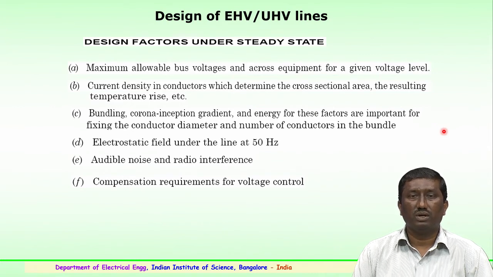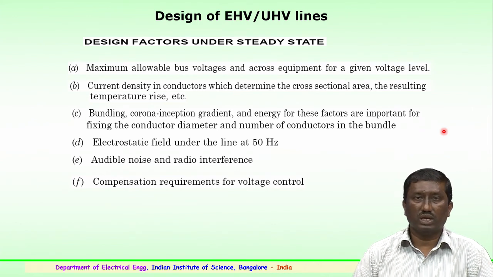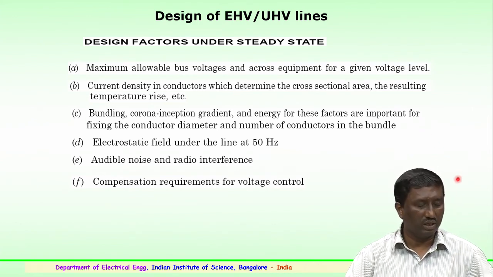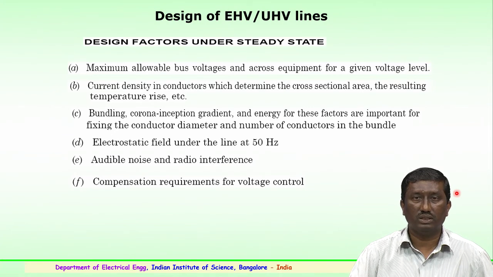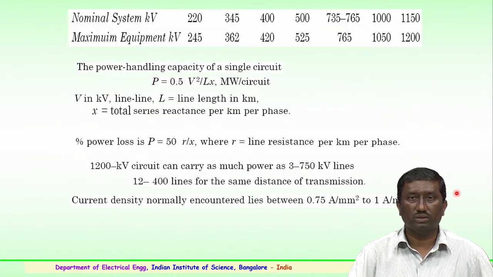So, finally, the compensation requirement for the voltage control is again a factor under steady state which is to be considered for design of the extra high voltage or the ultra high voltage transmission lines for the tower configurations.